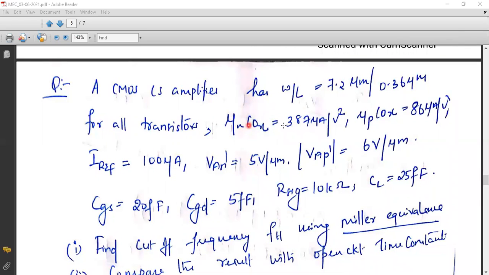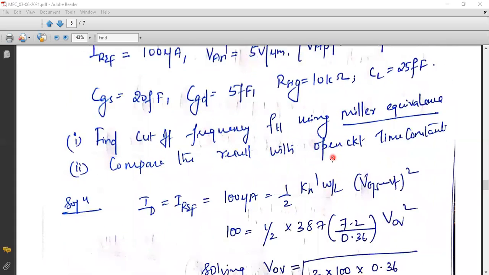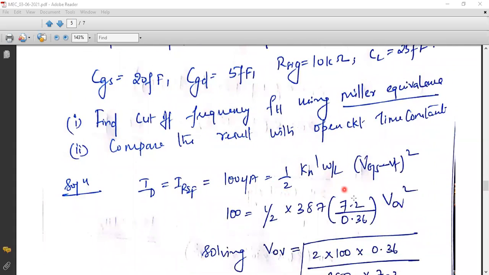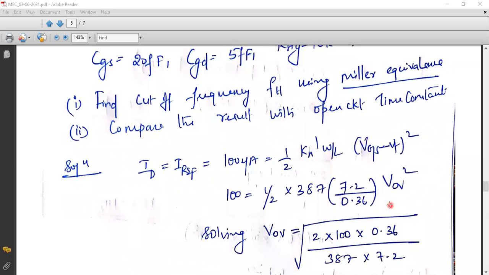It is mu n into COX 387 into W by L is 7.2 by 0.36. Everything is in micro, so no need to convert it. Even current is also in micro. Kn dash is also in micro. Width by length is also in micro, so no need to convert. Let it be as such. Then we can solve for VOV and put your answers in the chat box. After solving, find VOV and put your answer.